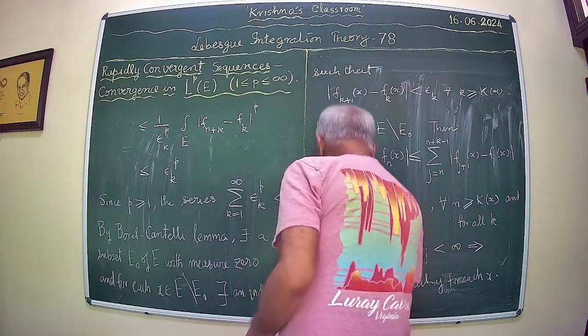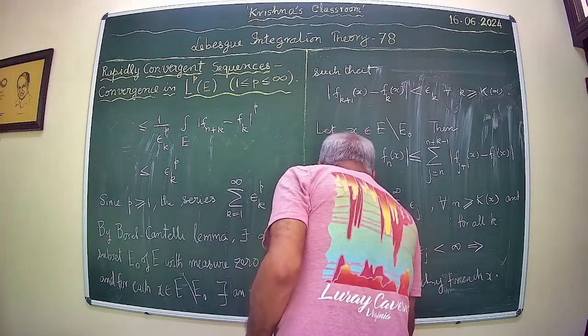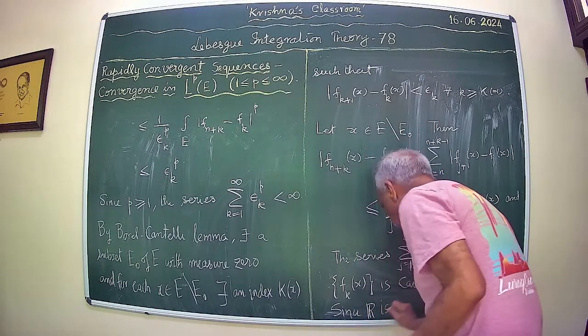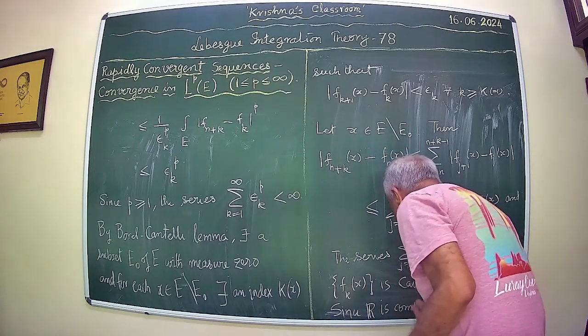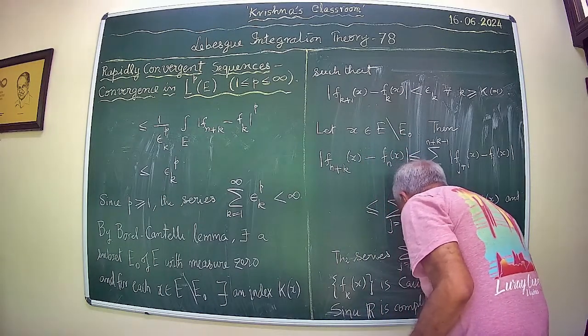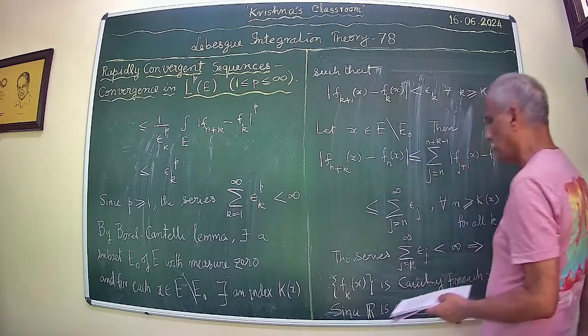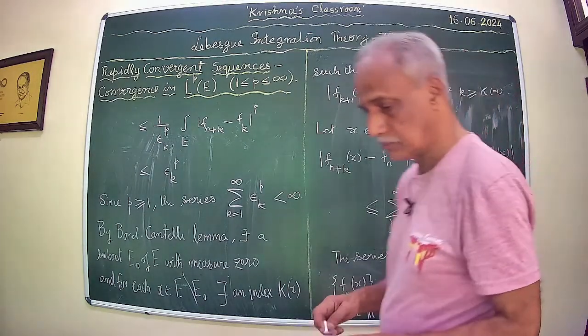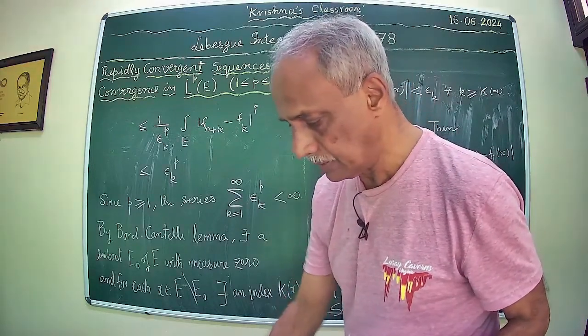Now since R is complete, what does it say? All Cauchy sequences converge in R. So we are going to use that.